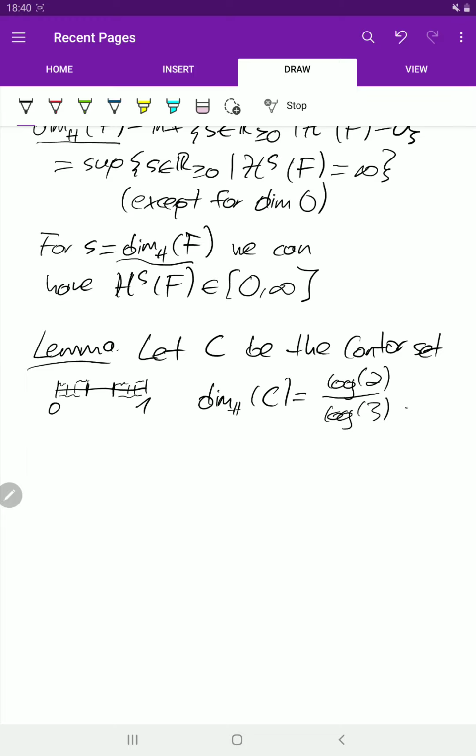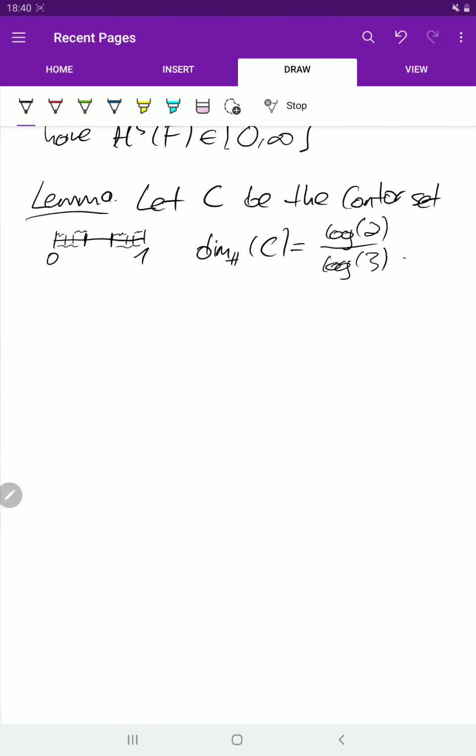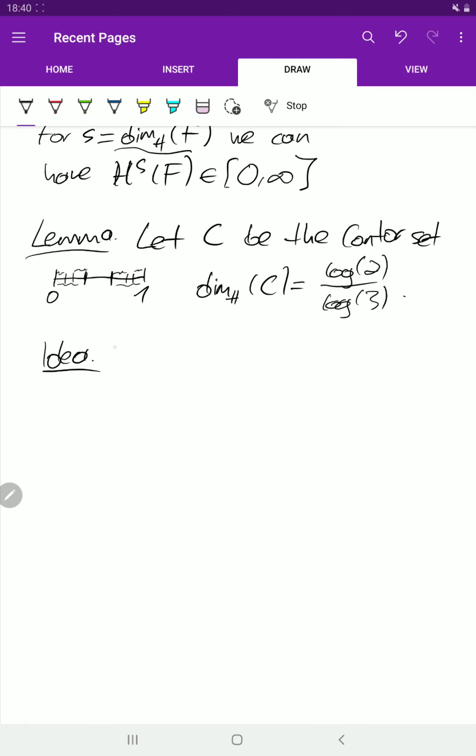Okay, so I won't prove it here, maybe I'll prove it in another video, but let me show you the idea. So let's say s is equal to the Hausdorff dimension. And now we make a rather strong assumption. One would have to justify that.